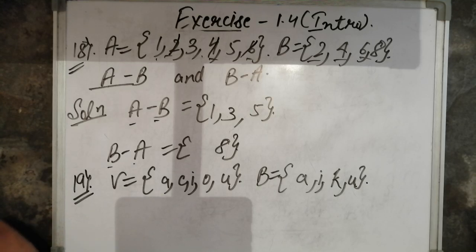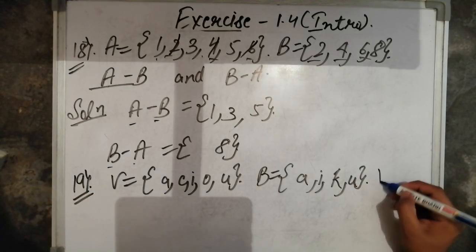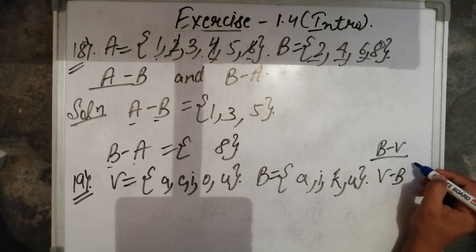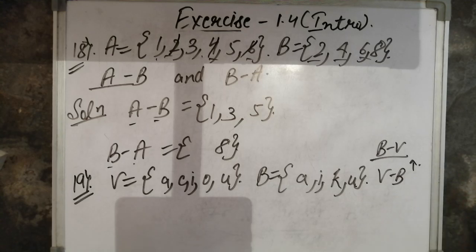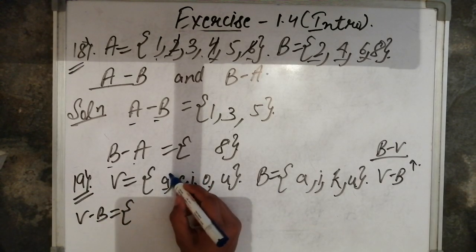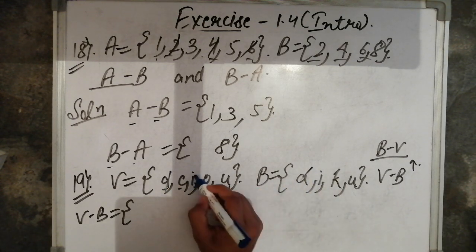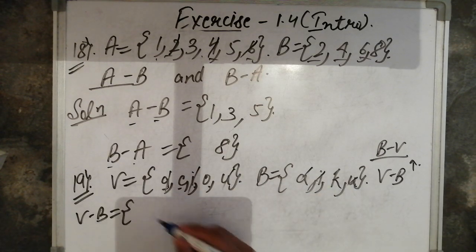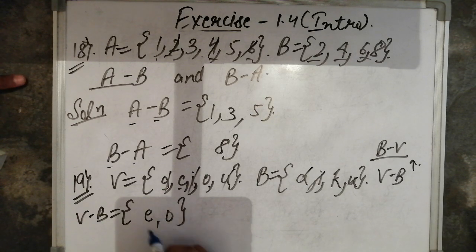Find out V minus B and B minus V. I'm writing it upside of V minus B. So V minus B is a e i o u, a to a, i to i, and u to u. Okay, the resulting elements will be e o. That's it, because e and o are not present in this B set.